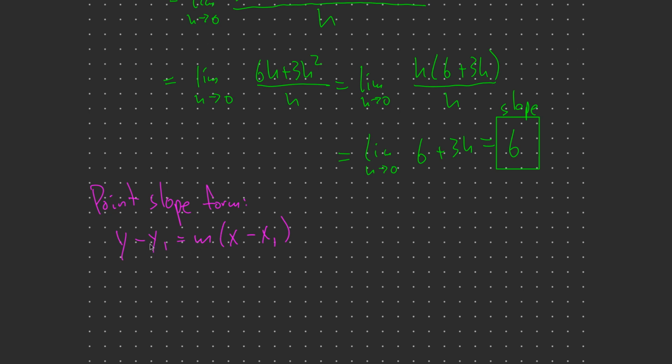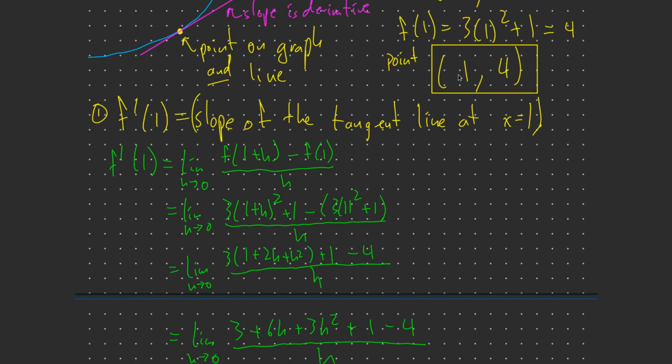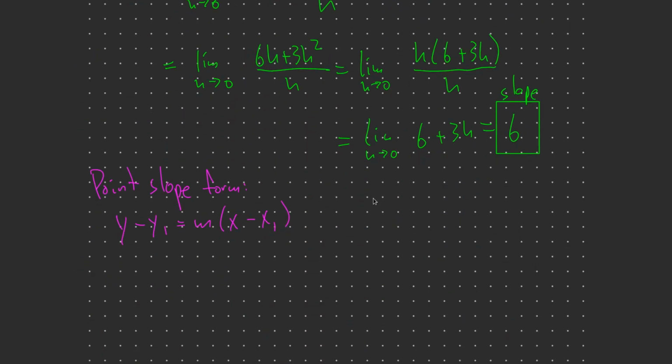M is the slope, and x1, y1 are the coordinates for your point. Since the point is 1, 4, this is x1 and y1, okay? So if you plug that in, you get y minus 4 is equal to the slope 6 times x minus 1.